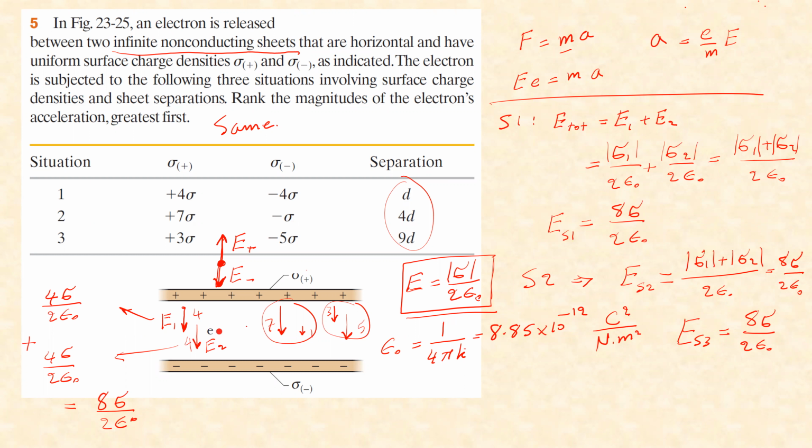So if the electron was outside, not in between the two sheets, but outside the two sheets, then these wouldn't be the same, because these two in situation one cancel each other. In situation two, you have 7 sigma for positive.